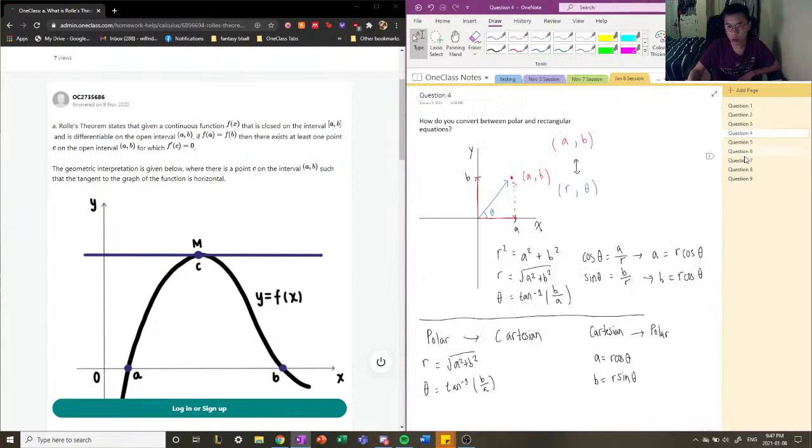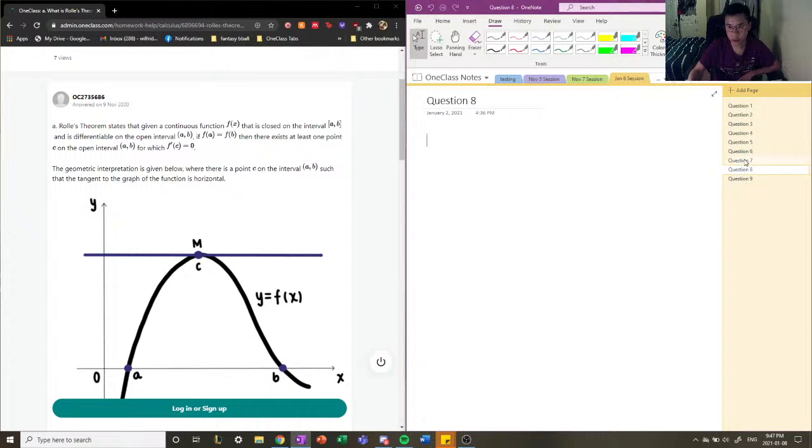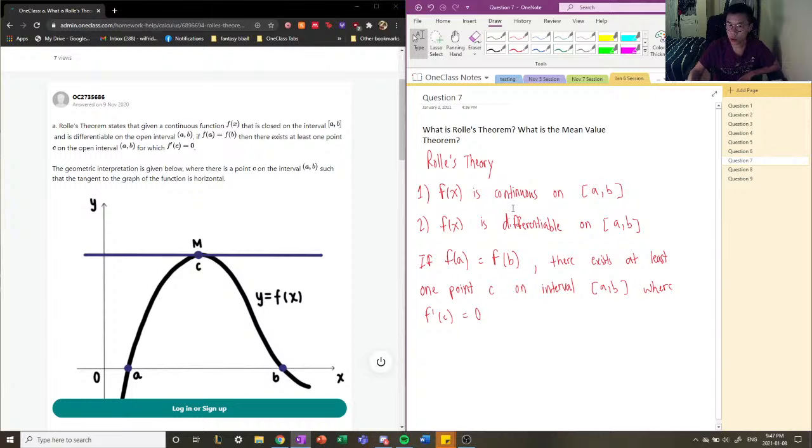If we were to have a horizontal line, let's see if the theorem holds. Is a horizontal line continuous on a and b? It is. A horizontal line is smooth along the entire function. There are no discontinuities, no jags, no violent cuts. Let me draw that out.